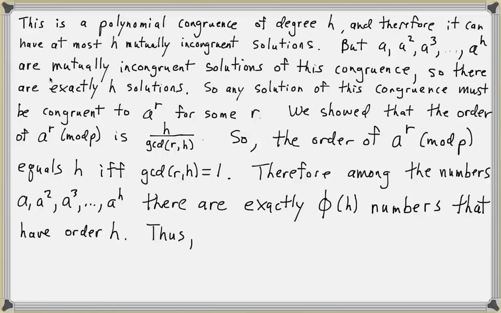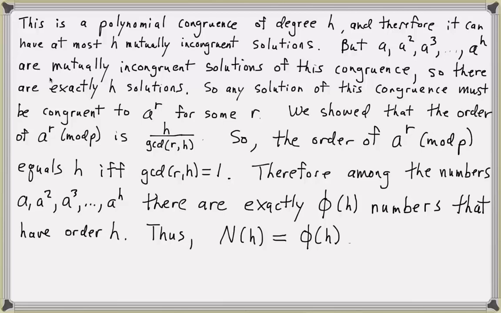So if a has order h, then we've just shown that the number of residues that have order h must equal phi of h. So we've just shown that for any order h, capital N of h either equals 0 or equals phi of h.